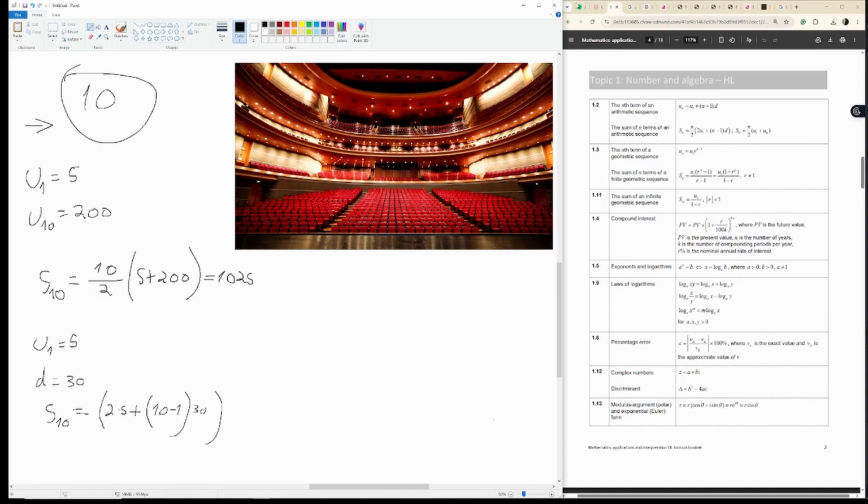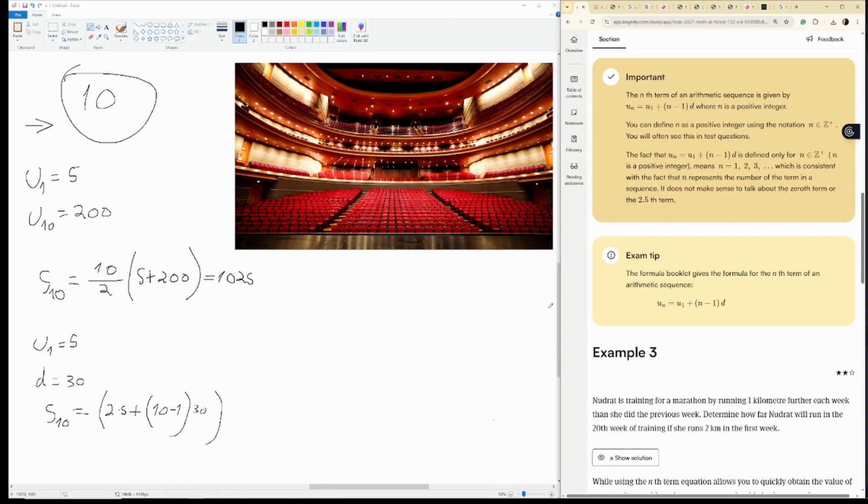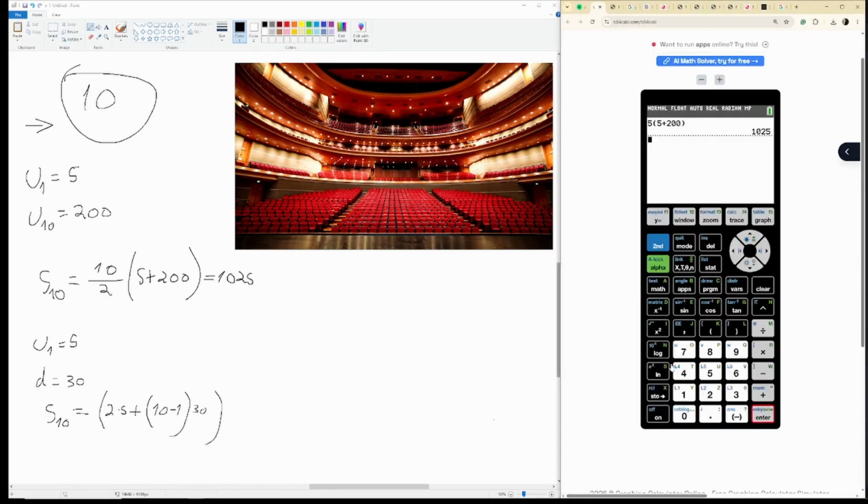You will also get a similar answer, which is 2 times 5 plus 9 times 30. And you will get that the total here will be 1525 people who came in within that time. Thank you.